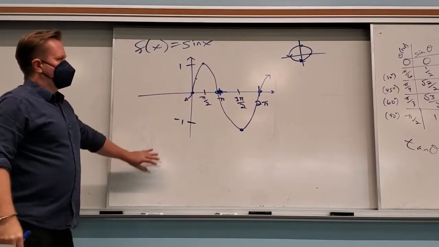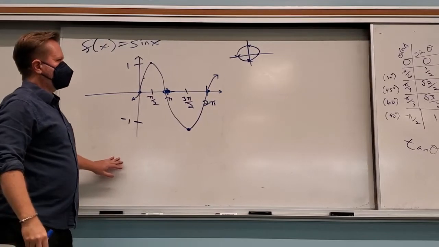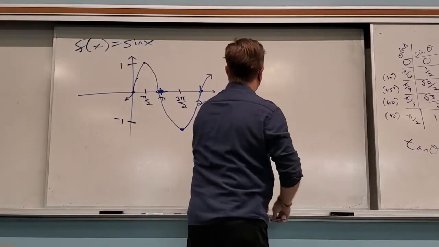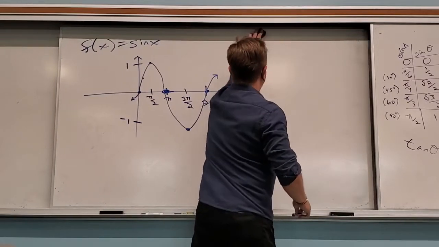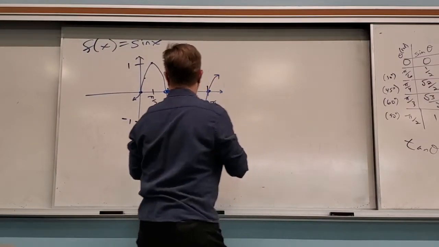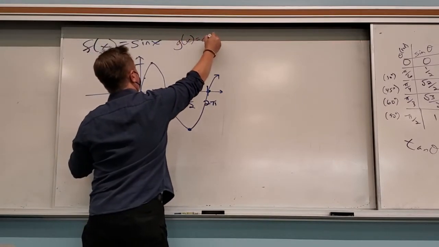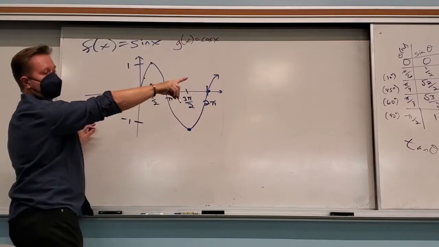What do you think cosine's going to look like? Not really flip it. What is cosine at 0? 1. Cosine of 0 is 1, yes?